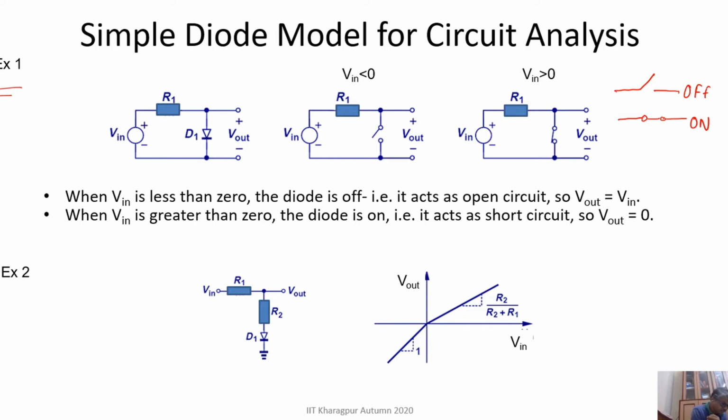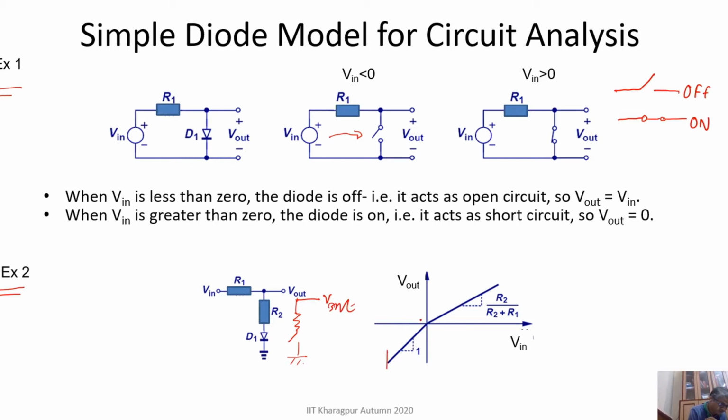Example 2 also, using the same assumption we have found out, and you see that when the diode is off, this entire input voltage will be across the diode, right? So in the second case also the same thing will happen. When the diode is off, this entire voltage will be across this diode, and if we measure V out here, we will get V out equal to V in.